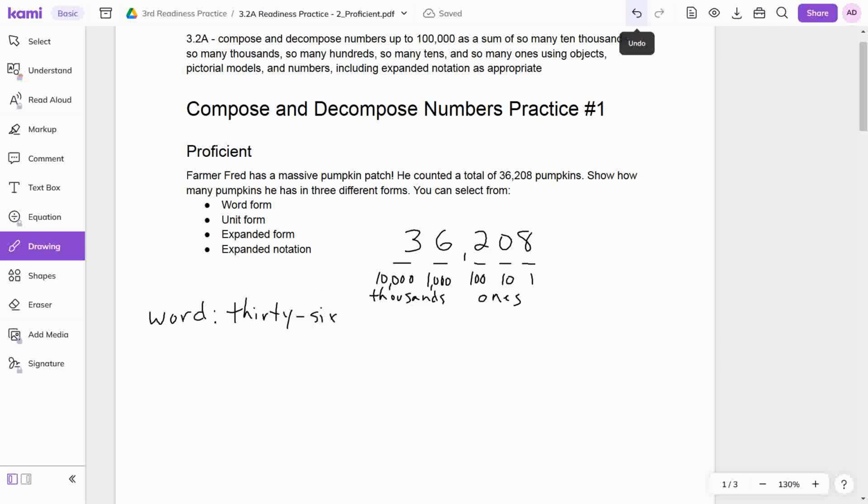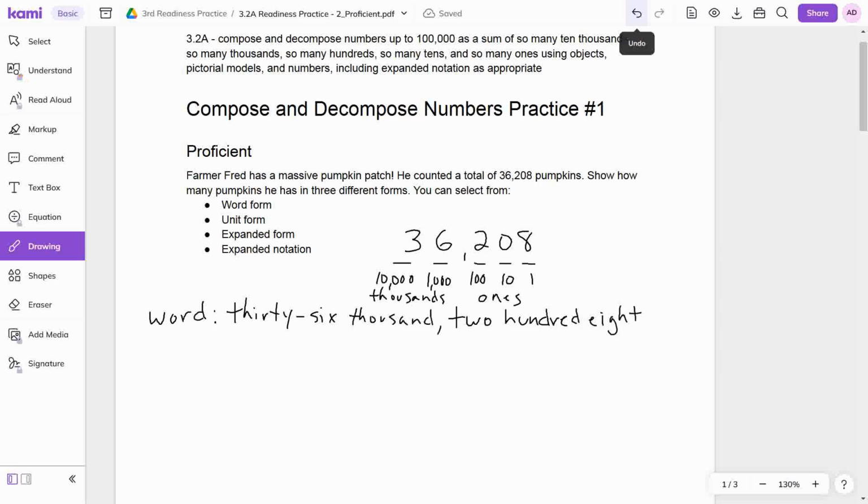And then we're going to still put that comma there. Now we don't say the name of the ones period. We don't say 208 ones. We just say 208. That's how we say in word form and verbally what these numbers are.